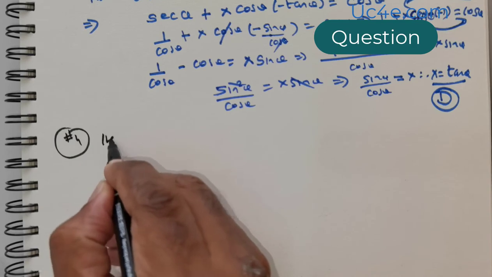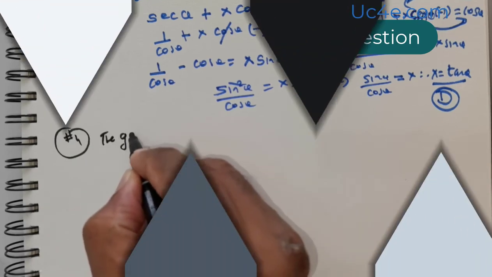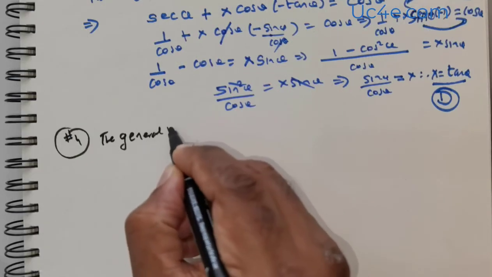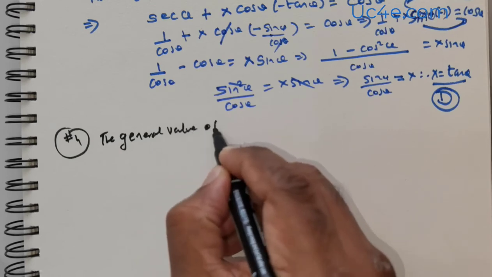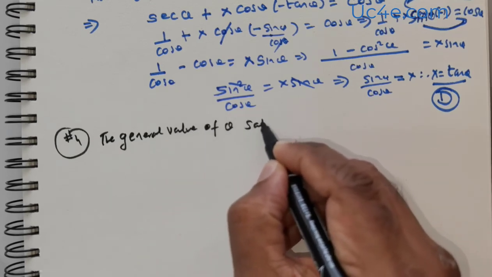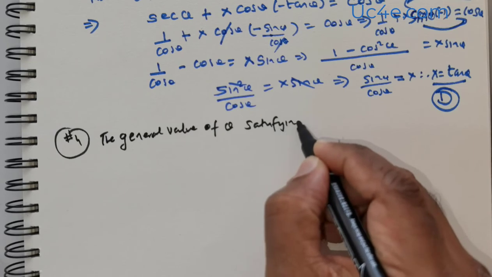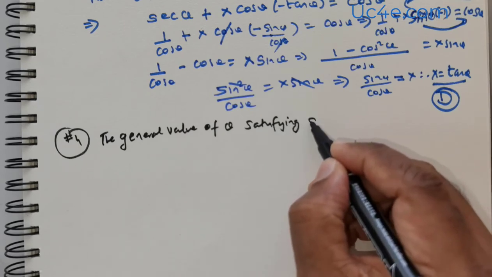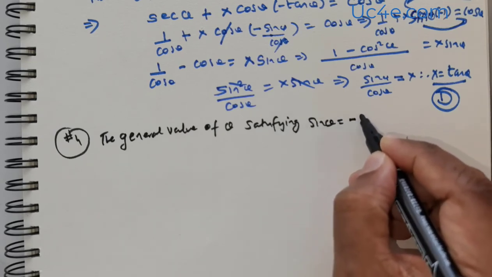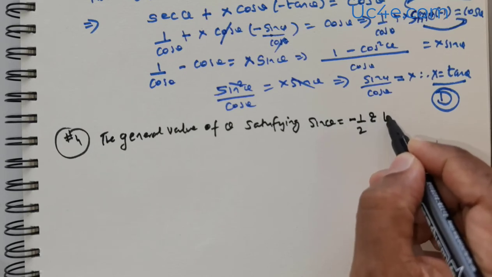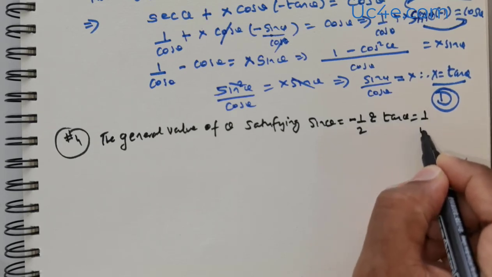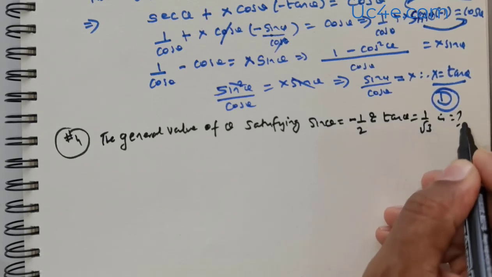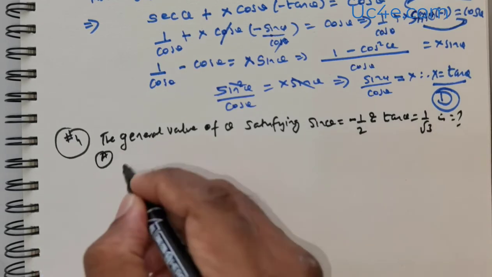So it states the following: the general value of theta satisfying sine theta is negative 1 over 2 and tan theta is equal to 1 over root 3 is what? They want this. So we have been given the following choices.